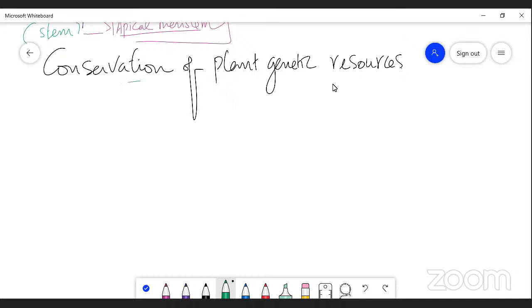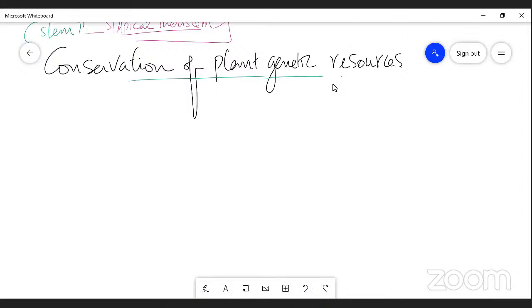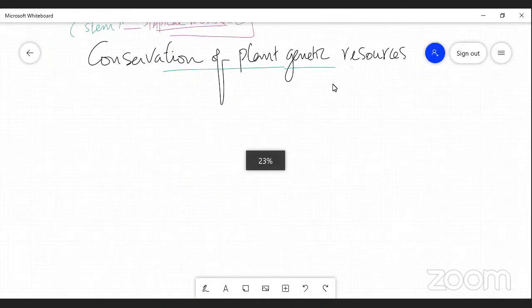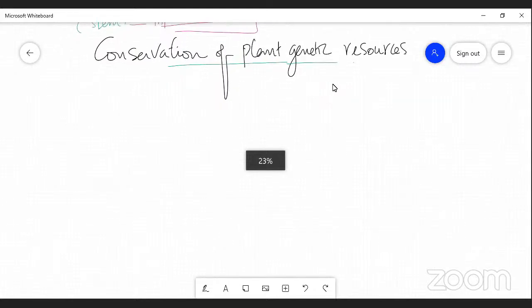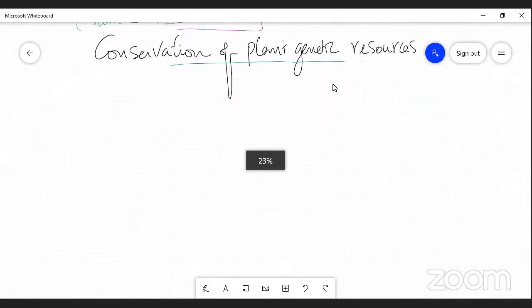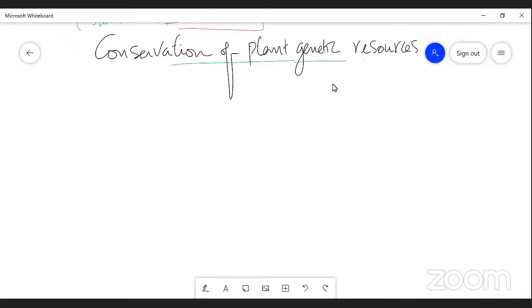So generally, this conservation of plant genetic resource is divided into two types. Before that, you should understand what conservation is. Conservation is nothing but preservation.